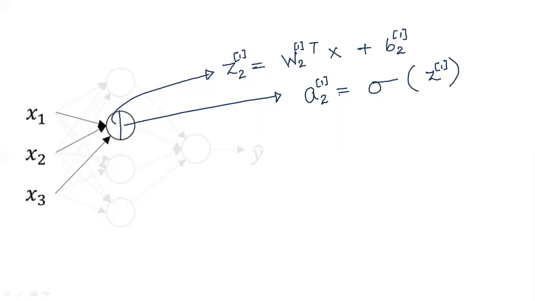That is the second node of this first layer. So it will be a superscript [1] subscript 2 equal to sigmoid of z superscript [1] subscript 2. I hope this representation is very simple, and all of you who have tried it by yourself, your answers would have been correct.